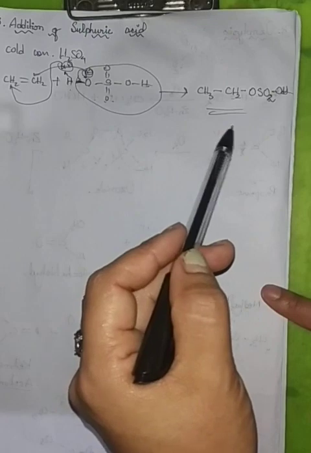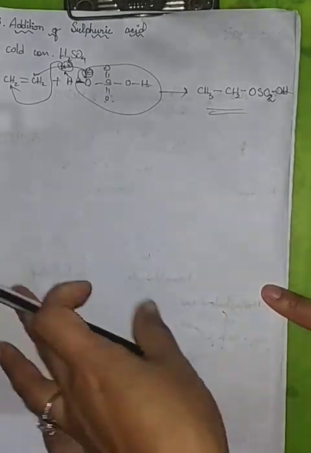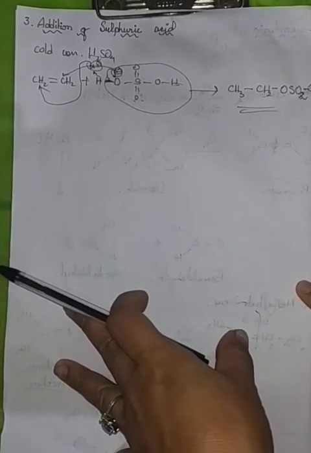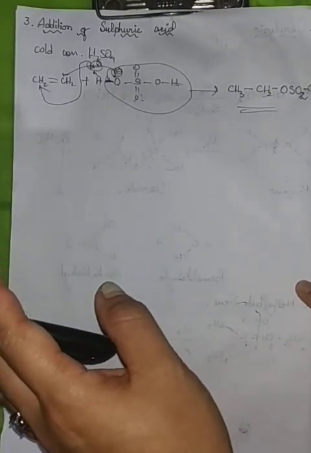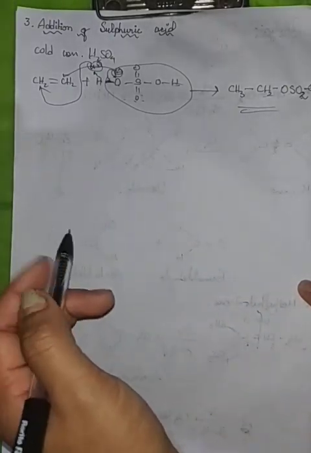Therefore this is known as the alkyl hydrogen sulfate reaction. Therefore the addition of sulfuric acid also occurs in accordance with Markovnikov's rule even for unsymmetrical alkenes.